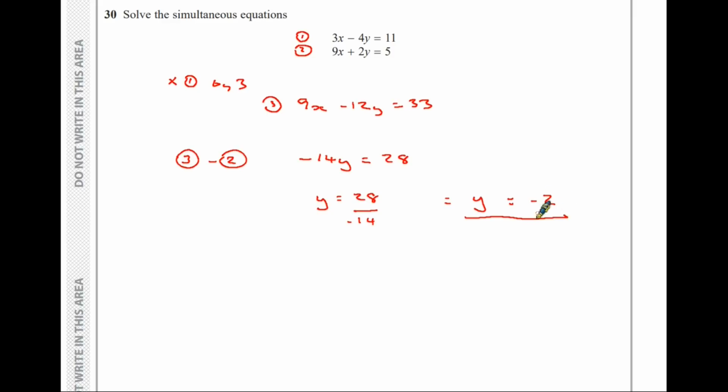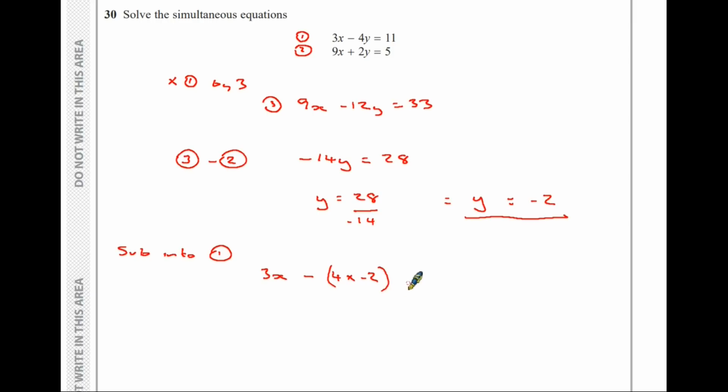Now we need to put the value of y into one of these equations to work out the value of x. So substitute into, let's use formula 1. So we are left with 3x minus 4 times minus 2.